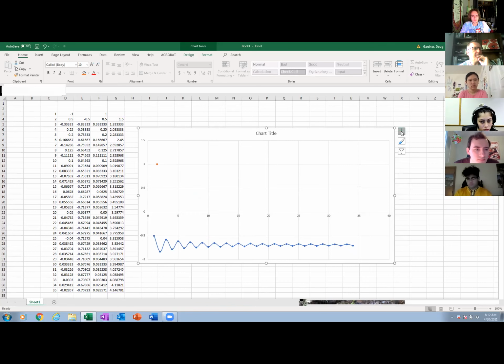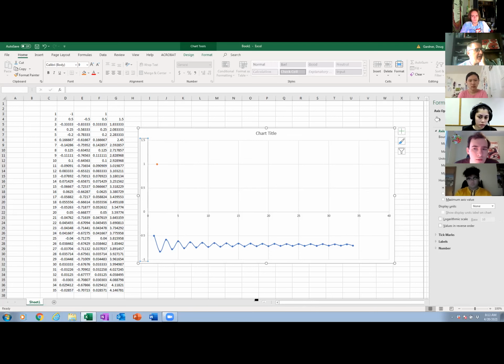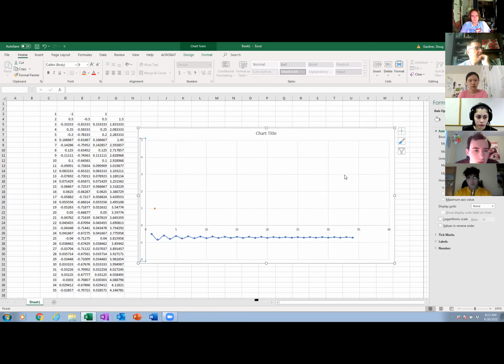So let's play around a little bit. How do I adjust the size of this? Click over there. Format major axis, format the axis. Right now it's going to 1.5 and we need to go up to like 5. So I think that's the reason. Yeah, I just think we weren't seeing it.